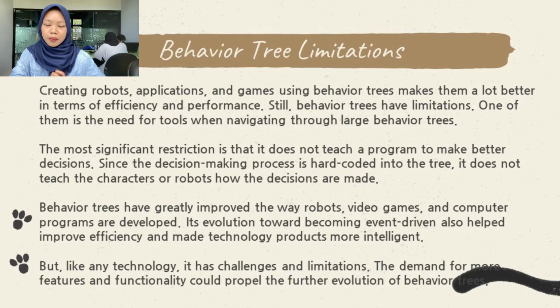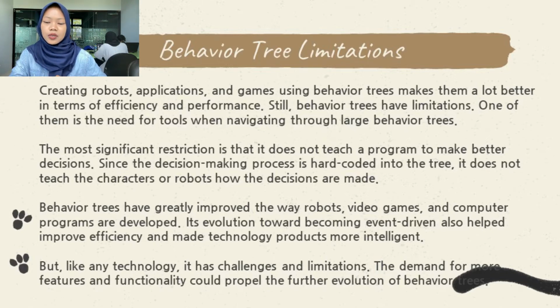Since the decision-making process is hard-coded into the tree, it does not teach the characters or robots how the decisions are made. Behavior trees have greatly improved the way robots, video games, and computer programs are developed.